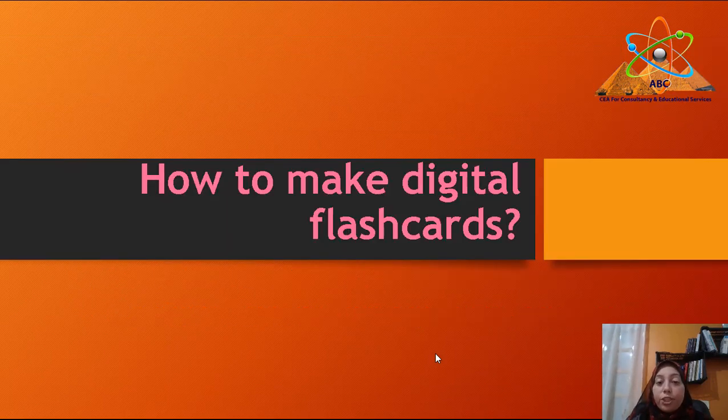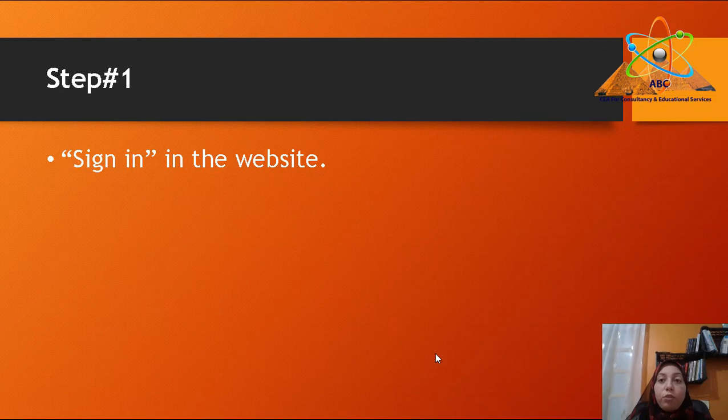How to make a digital flashcard? First of all, you have to sign in using your email. So if you don't have an email, you can't make your flashcard. Sign in using your email or Facebook account. Prepare your content.